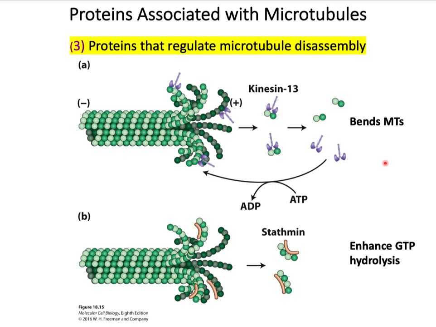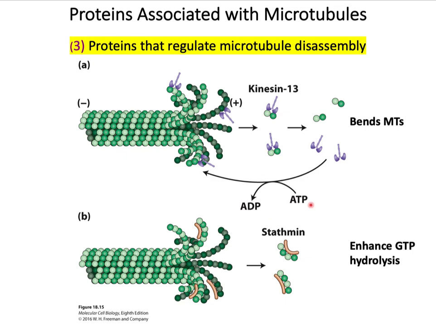It shows amino acid and structural homology to the kinesin family, but it doesn't behave like a typical motor protein. In fact, kinesin 13 interacts with the tubulin subunit at the plus end of the microtubule, and it causes the microtubule at the plus end to bend as shown here. And when that microtubule bends, it destabilizes the microtubule, and this promotes the disassembly or depolymerization at the plus end.